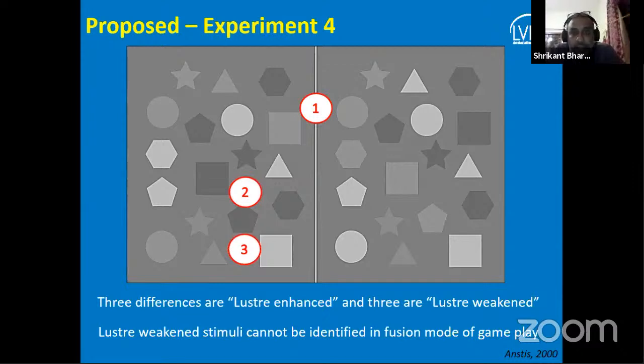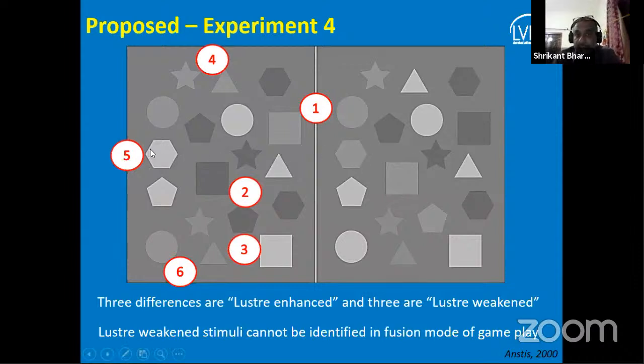Patterns 1, 2, and 3 are the ones that we call a luster enhanced stimulus, like the ones that we had used in the previous one. Notice here that the background is gray, this is lighter than gray, and this is darker than gray, and therefore it should result in a very strong impression of luster. Whereas differences 4, 5, and 6 should not have any impact, because notice here that both are brighter.